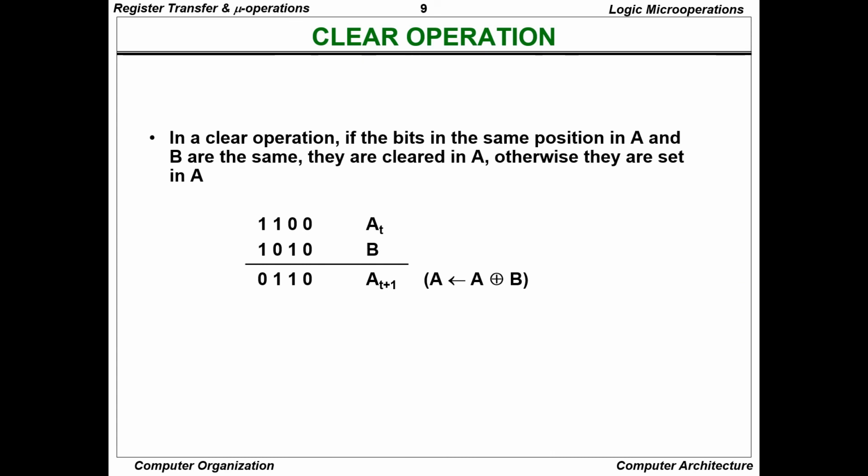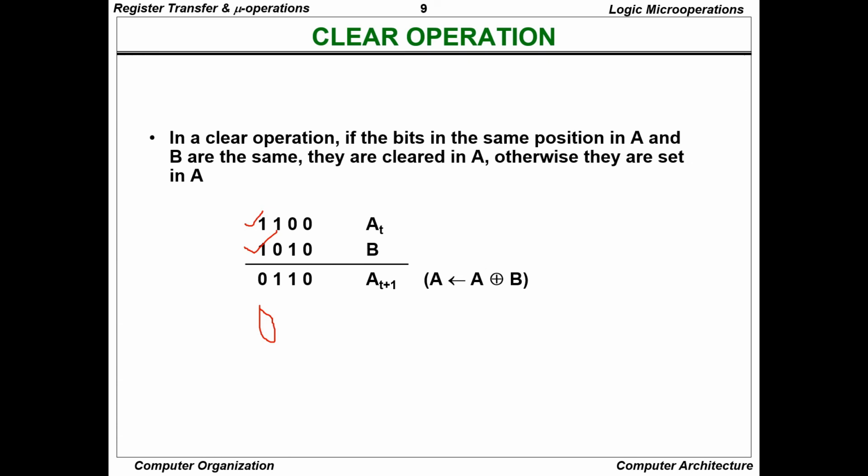Now clear operation. So in a clear operation, if the bits in the same position A and B are the same, they are cleared in A. Otherwise, they are set in A. So if you see here, I have 1, here I have 1. So now clear it to 0. So in A it is 1, so clear it to 0. Okay. Now these two are different.